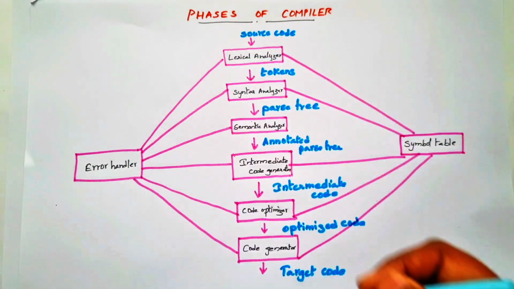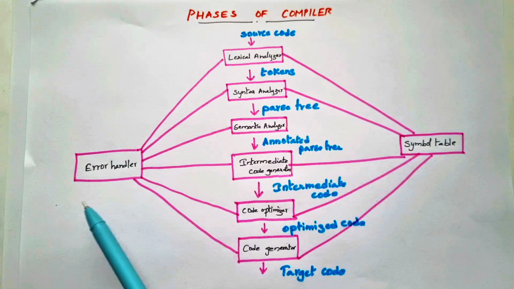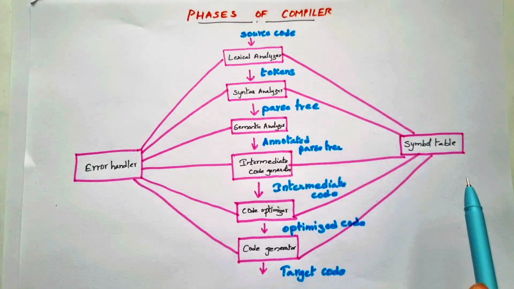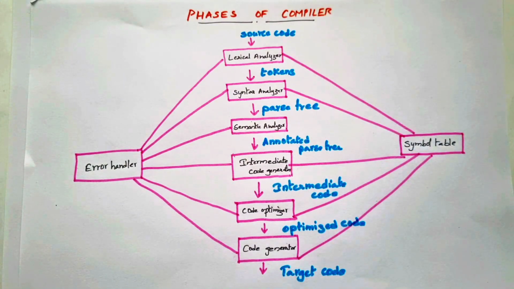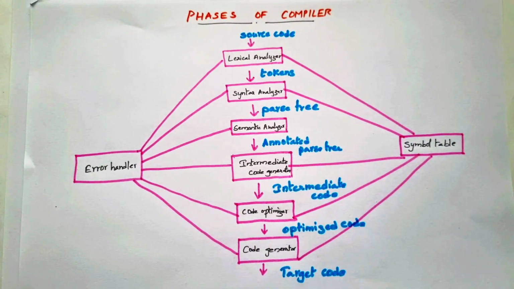Along with these 6 phases, there will be some more components called error handler and then symbol table. This symbol table is nothing but a data structure which is going to store information regarding variable names, function names, data types, scope information, and memory locations present in the source code.